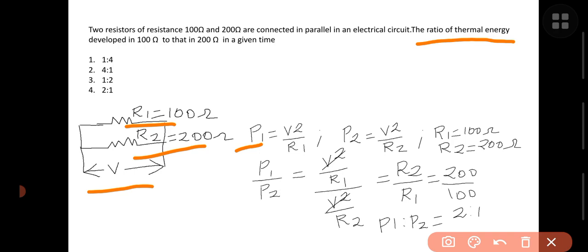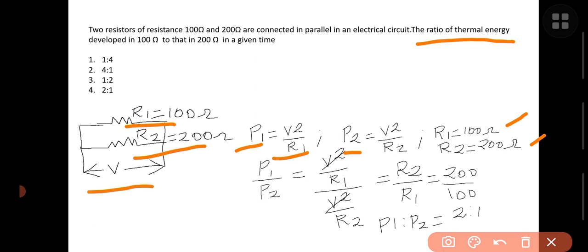The formula for power is V square by R1 for the first, and V square by R2 for the second. R1 is given as 100 ohm, R2 is given as 200 ohm.